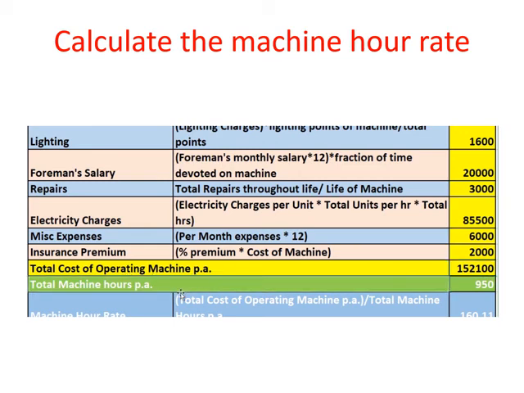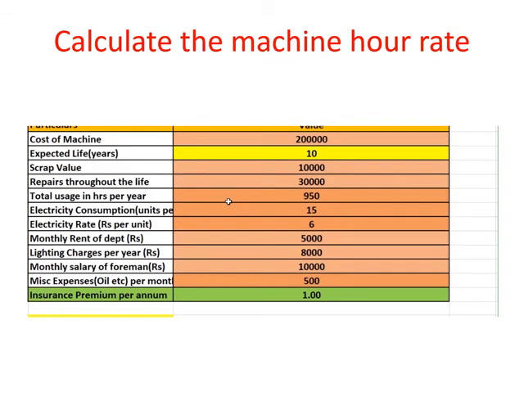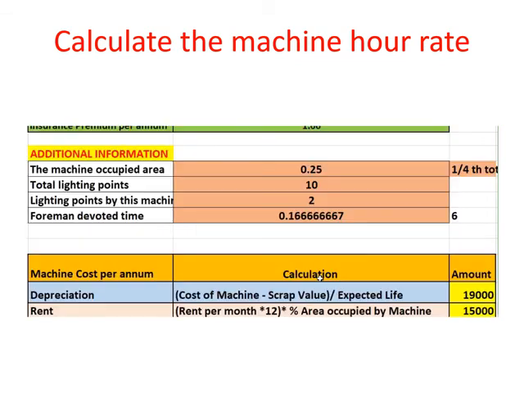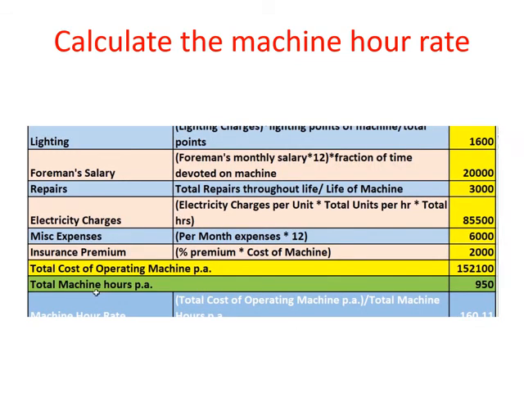So from per annum, you can calculate the total operating cost per hour. For that you need total operating hours per year, which is 950, already given in the problem. So total machine hours per annum is 950.